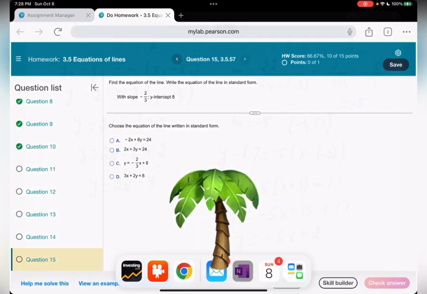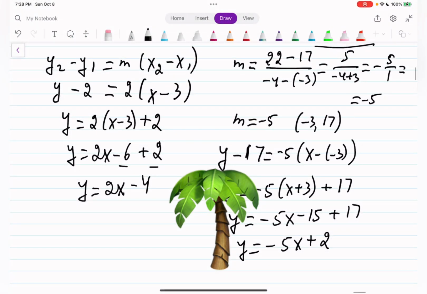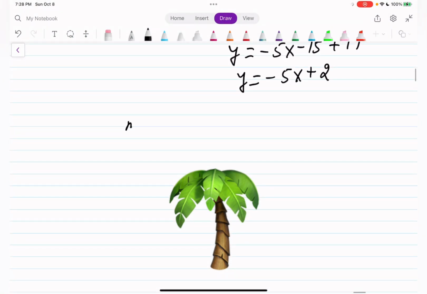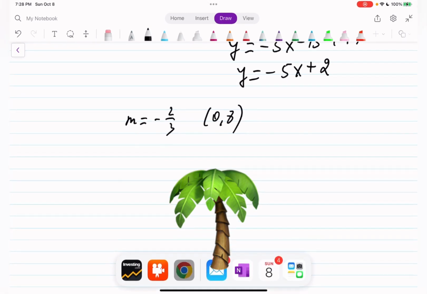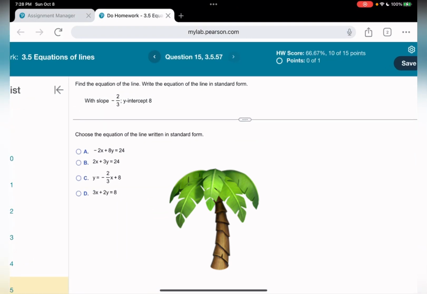All right? m is equal to negative 2 over 3. Intercept is 8, meaning 0 and 8. And it says we need to write the equation of the line. It's asking us to write in the standard form.